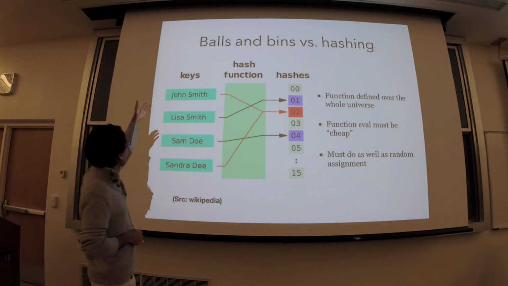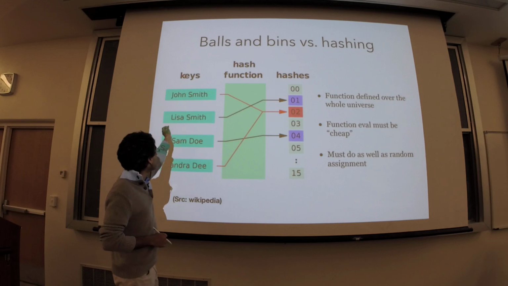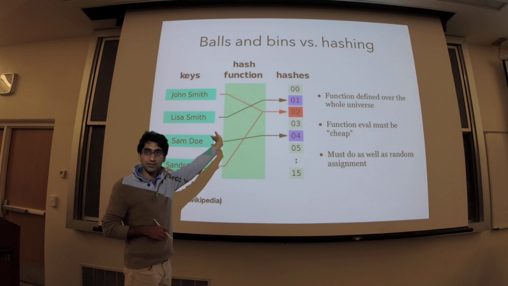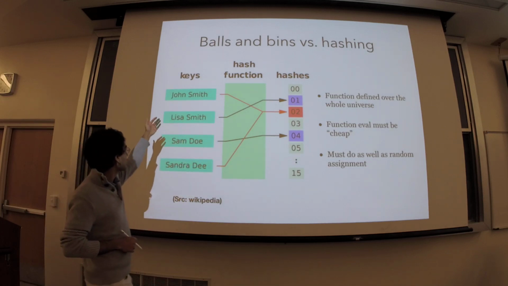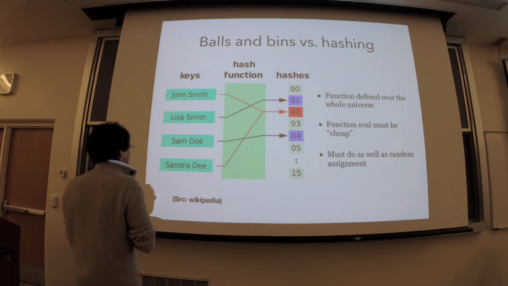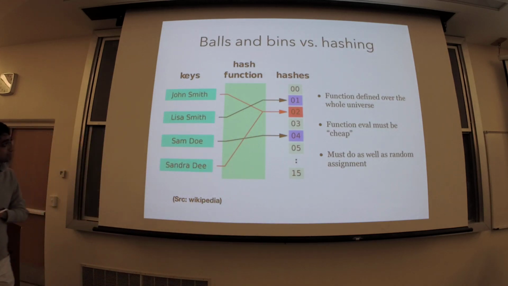Which is that you have this universe of keys, and once a key comes, your hash function should compute it into one of the buckets. So this can actually be tricky in practice, because the way we have been doing this, we had this H which was taking some element of the universe, some x in the universe, and just computing h of x.